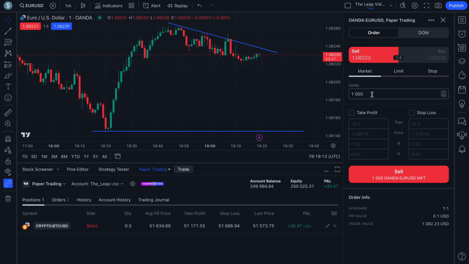So one other aspect to keep in mind about this competition is ensuring that you are fully aware of some other constraints and limits that all traders must adhere to in the competition. First of all, your account balance is the same for everyone, 250,000. So everyone has the exact same account balance.